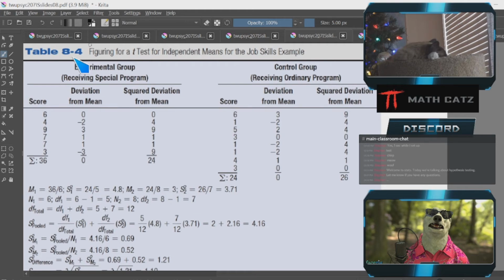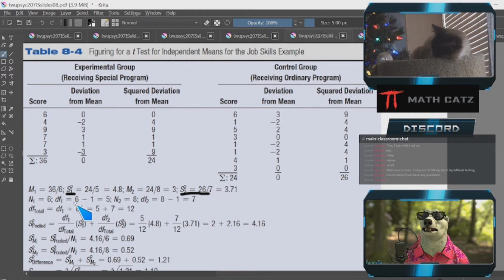Then we did the same thing for the second group, the control group, and got their variance as well. There's not much more to do with the means until the very end, so it's not much to worry about right now. The degrees of freedom, of course, 1 less than the 2 sample sizes, respectively.